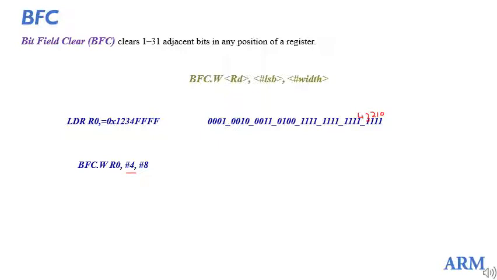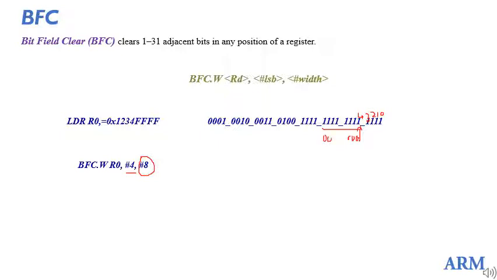This bit is bit number 4. So starting from this position, how many bits you have to fill with the zeros is given by the next operand, that is hash width, that is hash 8. So starting from this, 1, 2, 3, 4, 5, 6, 7, 8. So these many zeros you have to insert in the register. So that will be starting from bit number 4. 8 zeros means till bit number 11, you have to fill with zeros.